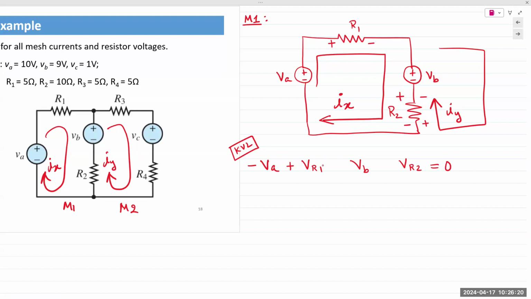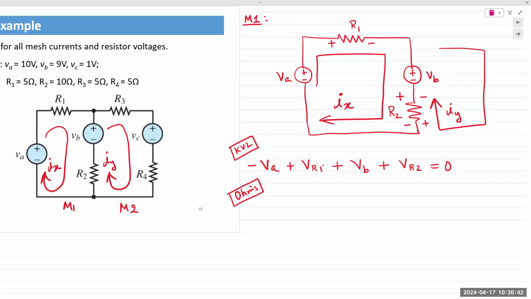So plus VR1 plus VB and plus VR2. Do you all have the same equation? Right. So now express each resistor voltage in terms of the mesh current.